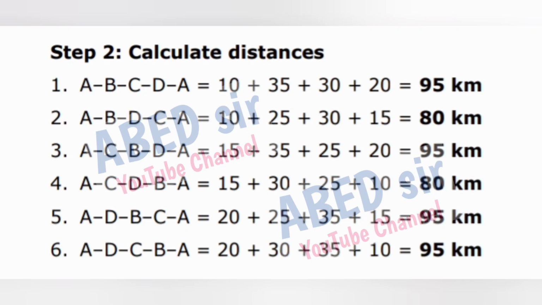A, C, B, D, A is equal to 15 plus 35 plus 25 plus 20 equals 95 km. 4. A, C, D, B, A is equal to 15 plus 30 plus 25 plus 10 equals 80 km.